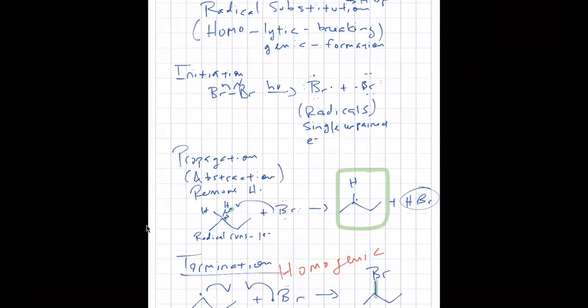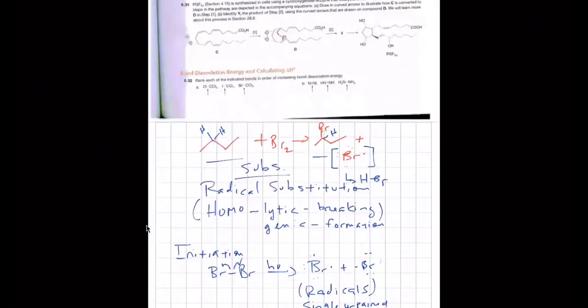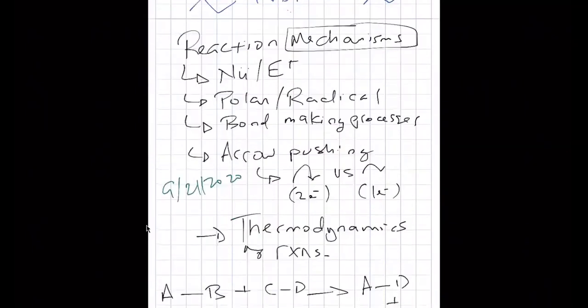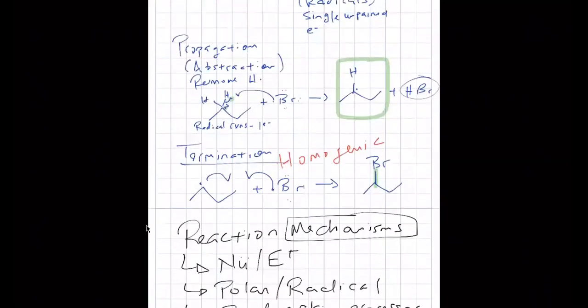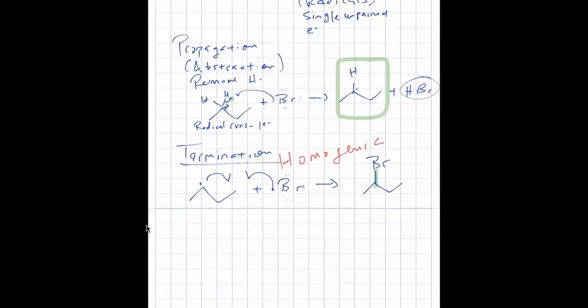All right. So we talked about the radical mechanism being different from a polar mechanism. And let me make another page so I can put some information on here. All right.